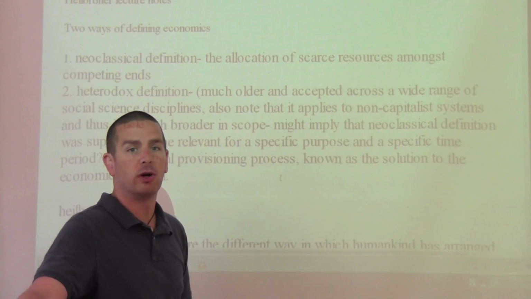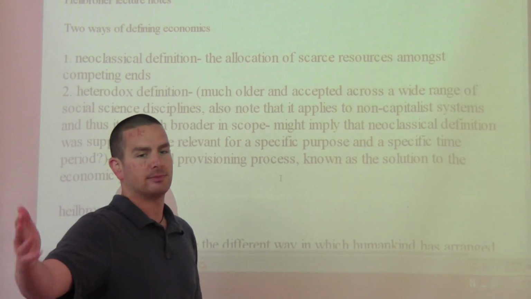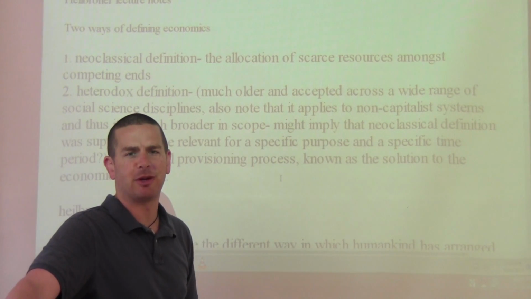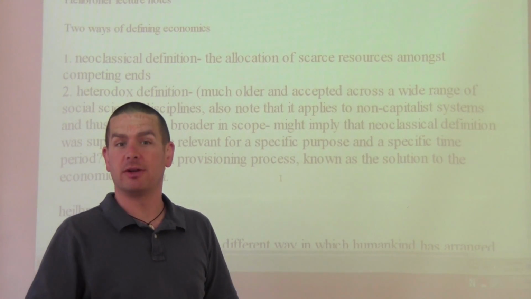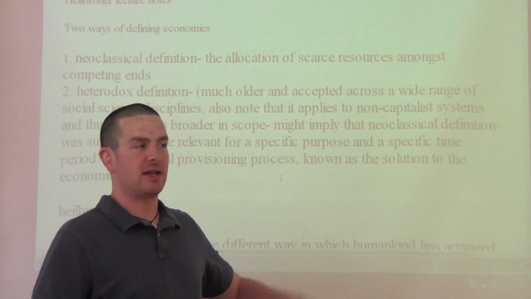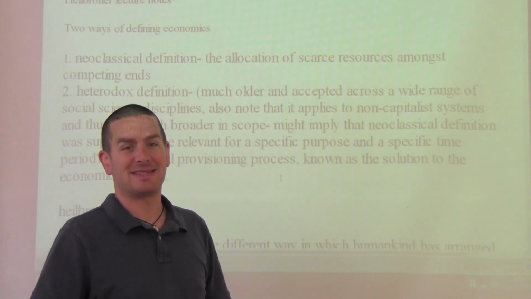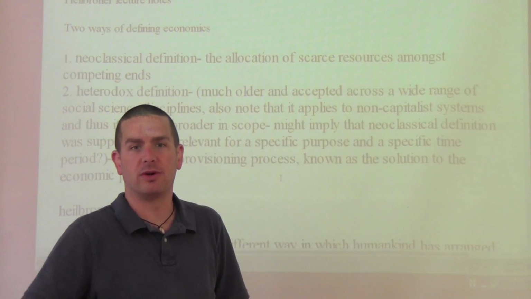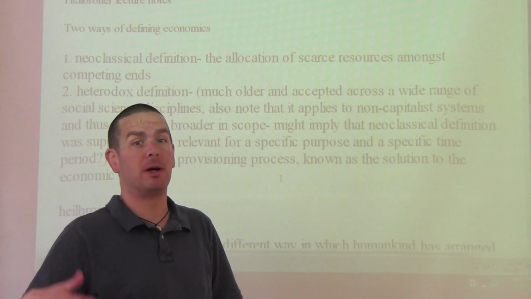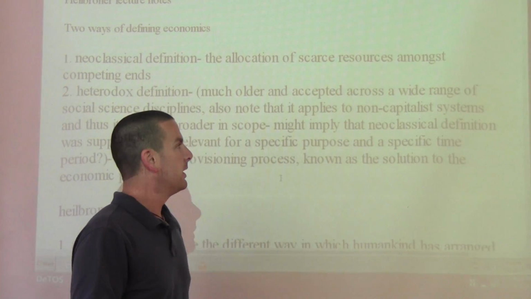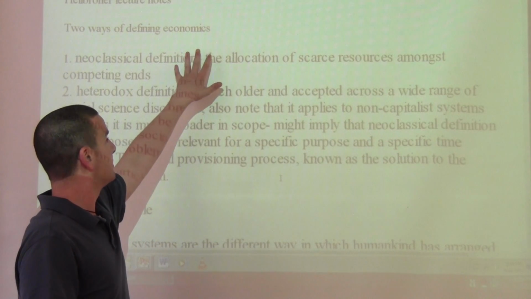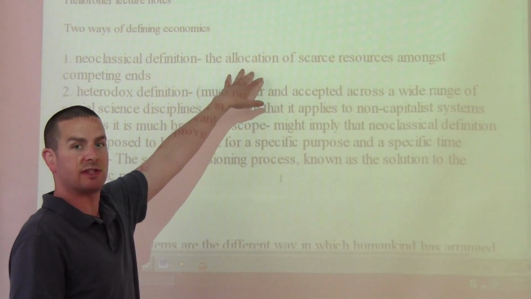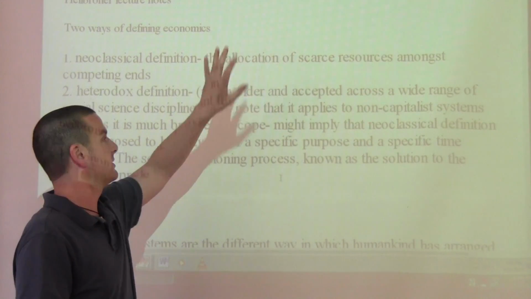If they wanted more corn, for lack of a better example, they would simply go produce more corn and then they would share it with one another, which means that it wasn't a scarce resource. They could get more if they wanted to, so therefore it could be abundant. Okay? Anyway, your textbook would say that economics is the allocation of scarce resources amongst competing ends.